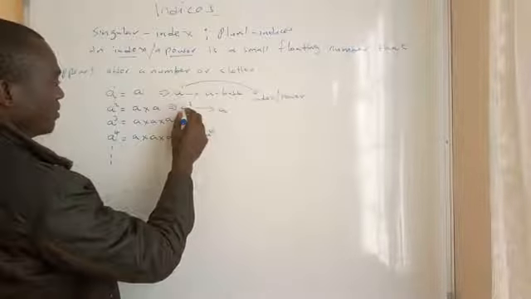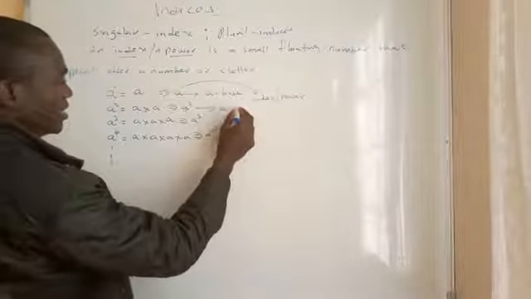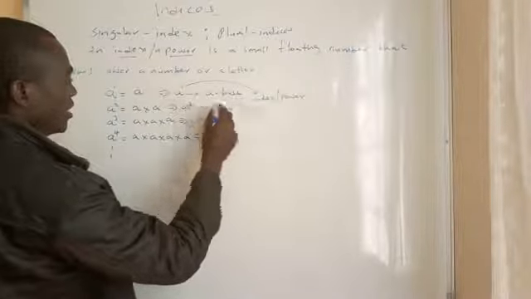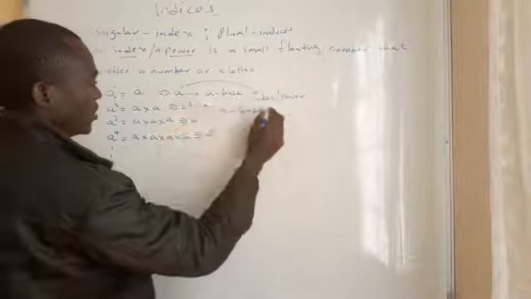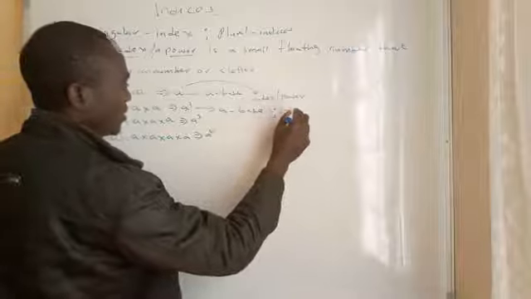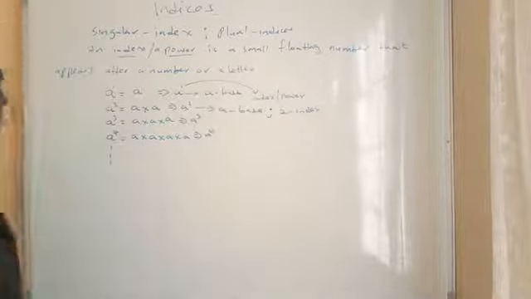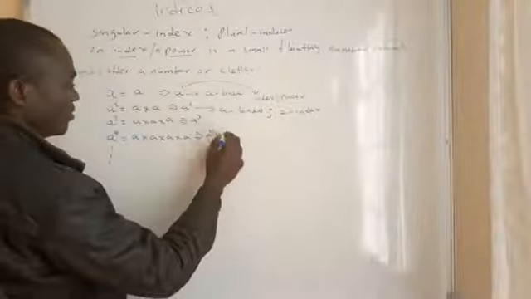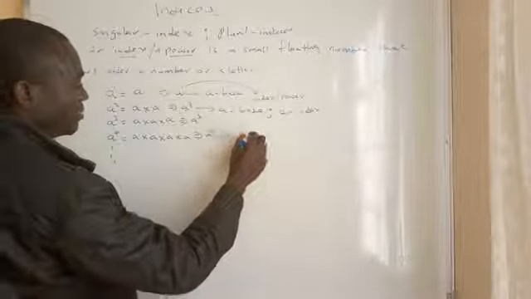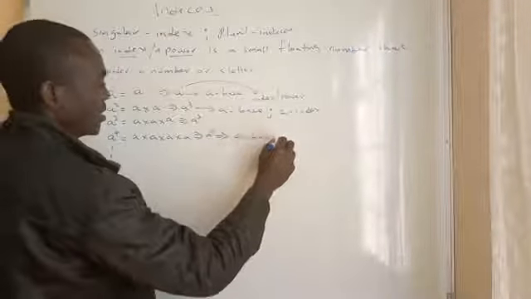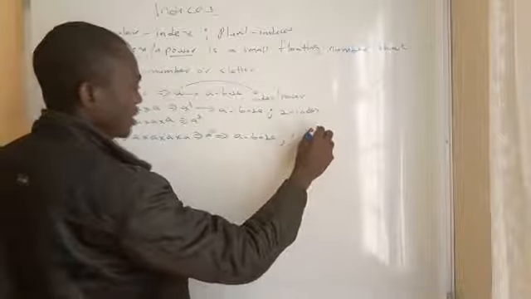The same to this a, the base a, this is the base, and that 2 is the index, or the power. When it comes to a power 4, this a is the base, and that 4 is the index.